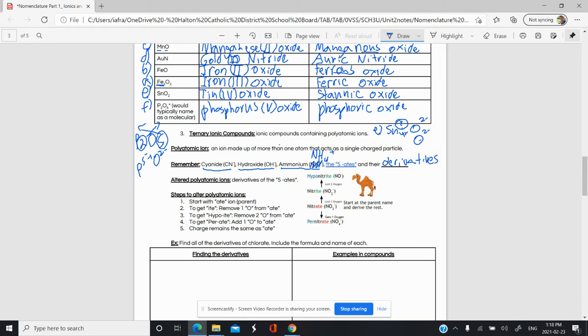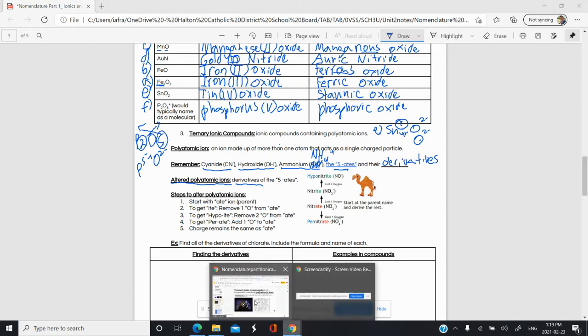So let's take a look at what the 5 ates are, and how we can come up with their derivatives. The derivatives are also called altered polyatomic ions. They're basically polyatomic ions based off of these 5 ates here. So, for example, carbonate, nitrate, chlorate, sulfate, phosphate. Those are your 5 ates. So there's a few tricks that you can use to remember your 5 ates, and then I'll show you some tricks to come up with the ones based off your 5 ates.